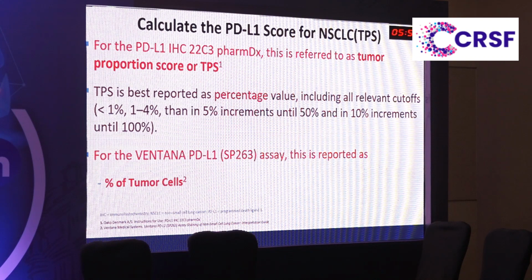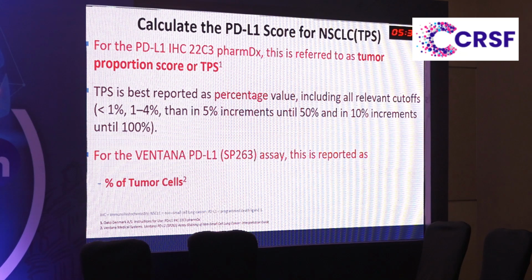Next is the reporting. If you are using the 22C3 assay, then the report should mention that it is a TPS. But if you are using the Ventana assay, you should give only the percentage of cells. The pathologist should avoid the use of the term TPS in those cases. It is not necessary to give the precise value or count of the cells.